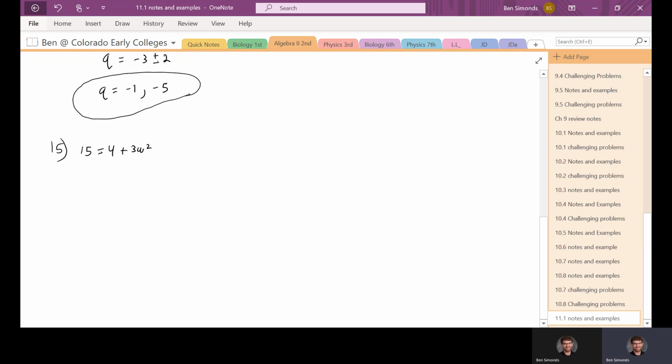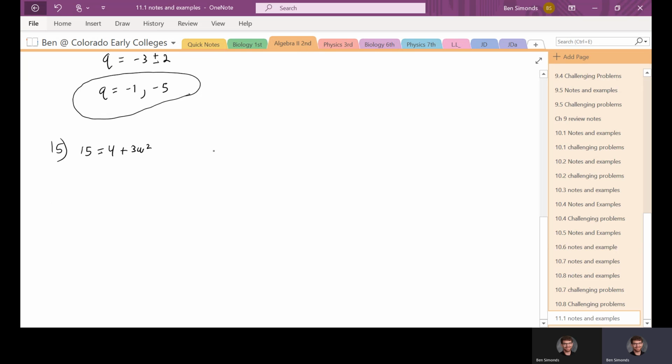Here, it's nothing too special going on. I just wanted to again reinforce that we've got to isolate our quadratic, right? In this case, the only thing with w in it is w squared. So once we get everything except the squared part to one side, then we can take the square root.